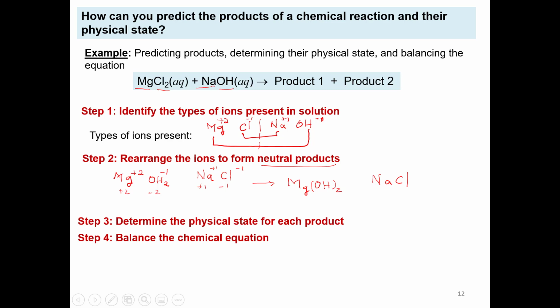Then again, one important thing is you need to be careful. The first must always be the positive ion, meaning the metal, and the second one will be the negative ion. Now we can write the complete equation, because now we know this is the product 1, this is the product 2. And let's write the complete equation in the last part, unless we complete the first 2 steps.